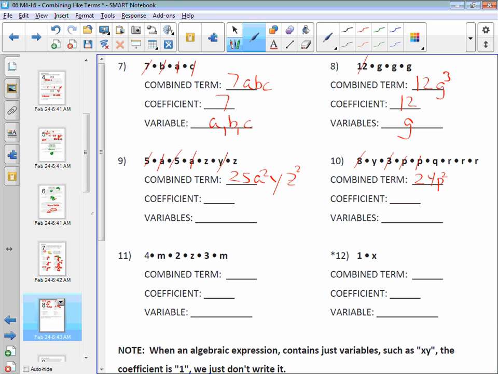See? Start above it. Okay? So watch what I'm going to do. I'm only going to list the variables once. If you put an alphabetical order up here, then they'll all have to be in alphabetical order down here. But I don't care about the exponents just on the right.